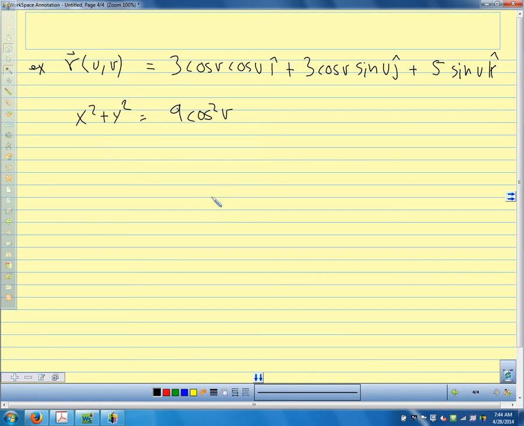So how are we going to relate the x squared and the y squared to the z component now? Let me do this. x squared plus y squared over 9 equals cosine squared v. Cosine squared v is, did I write this right?